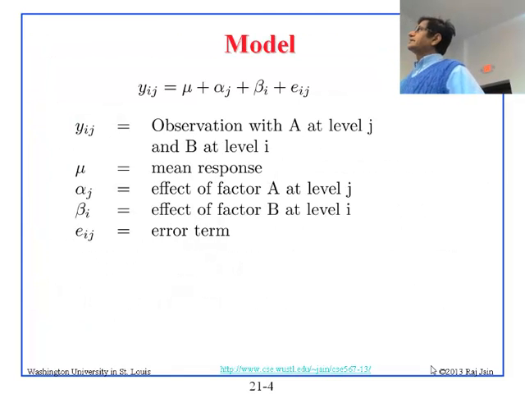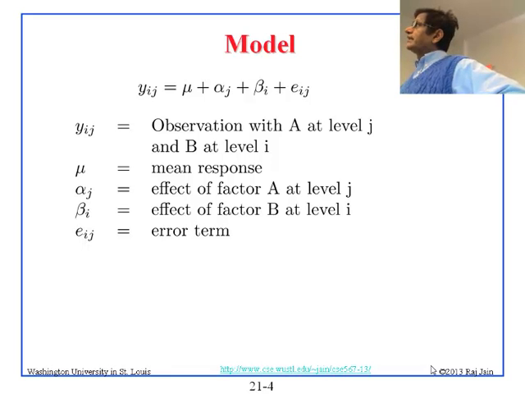The model is now, and this is the most important thing, Yij is equal to mu plus alpha j plus beta i plus eij. Basically, we are putting Y as a matrix where j and i are columns and rows.